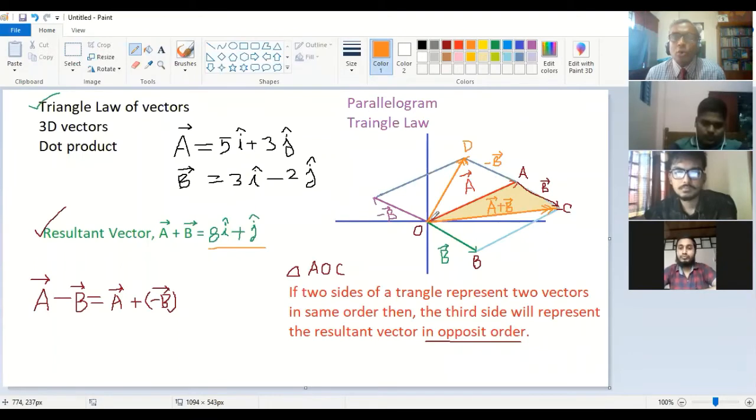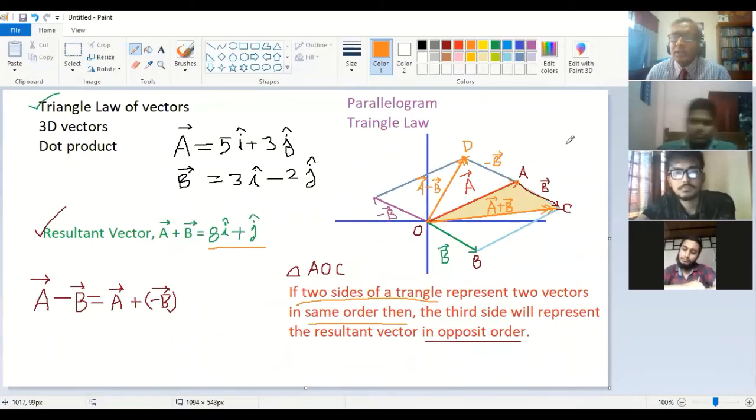So O to A and then A to D are two sides of the triangle in the same order. So the third side will be the result, which means the third side will be A plus minus B. A plus minus B is actually A minus B. So this will be the way of finding A minus B.